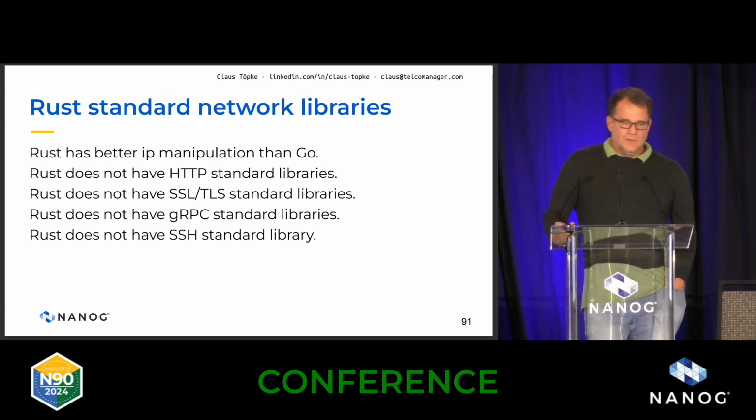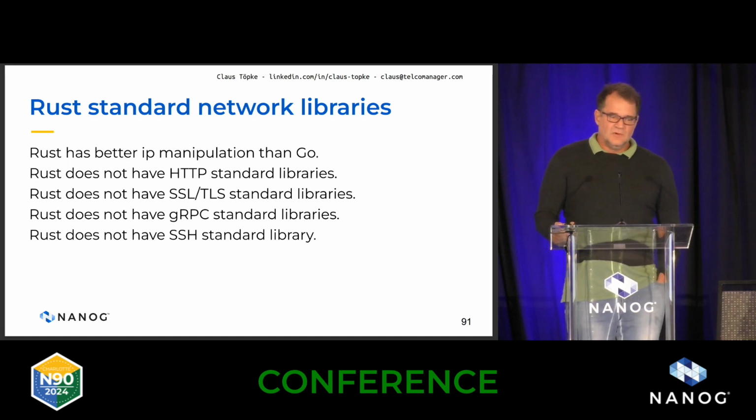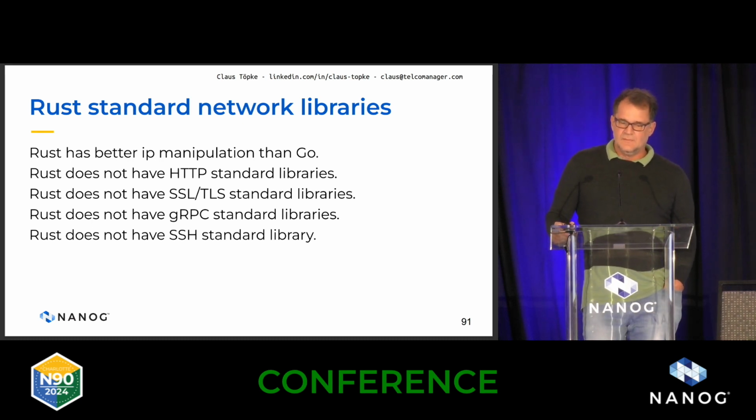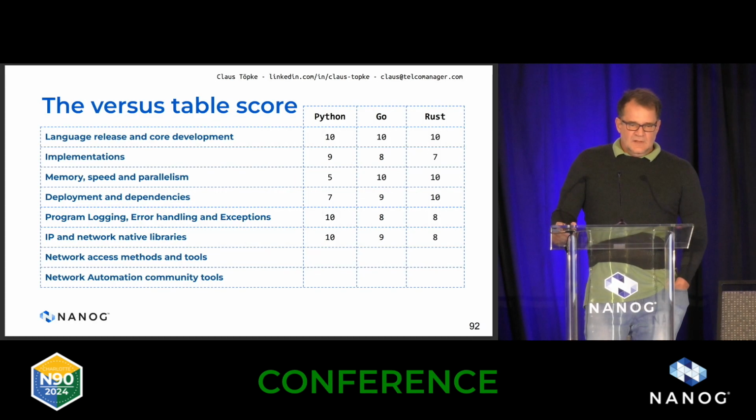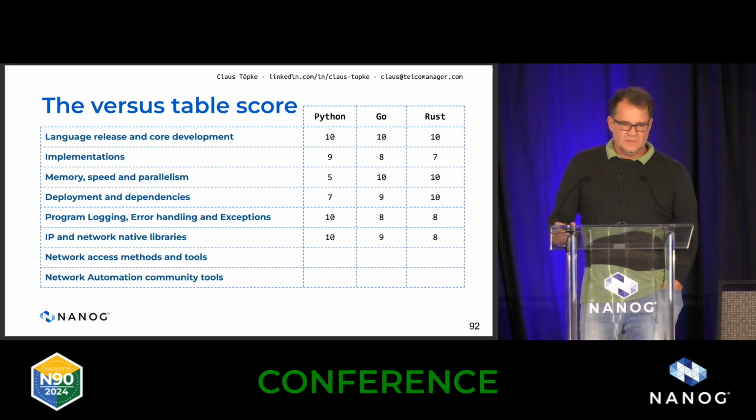It's basically all on crates, so they don't have a standard library, but it has a standard IP manipulation a little bit better than Go. And so in this battle here, Python wins again, 10-9-8, and the second is Go, and the last one is Rust.